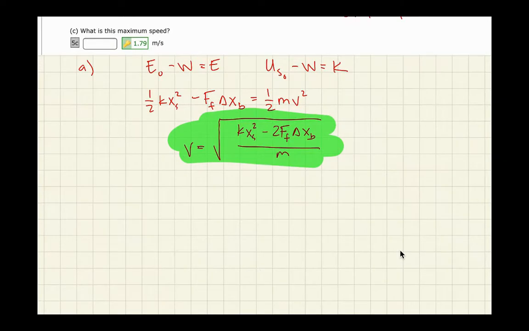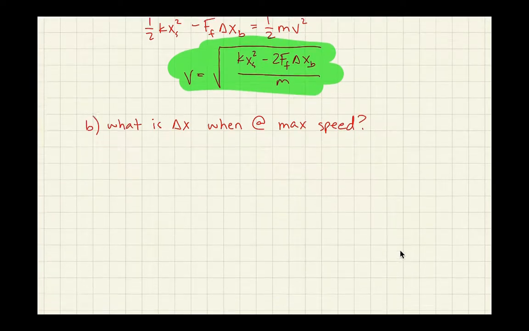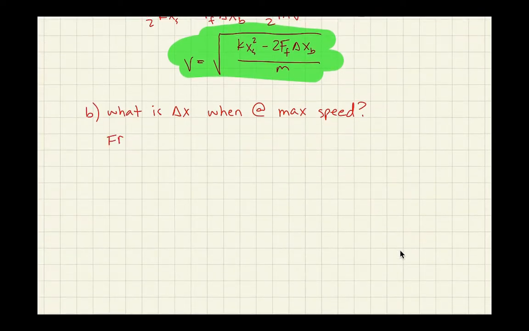Now things get fun, because part B says, what is x when at maximum speed? So this is a cool question because the forces in this problem are changing. Remember that as the spring extends, the force that the spring exerts on the ball will decrease because its displacement from equilibrium is decreasing as well.